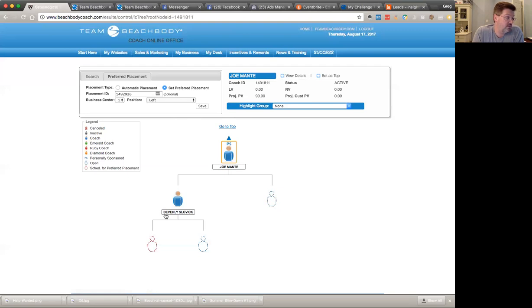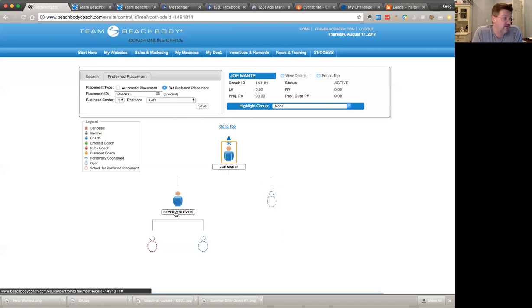Versus if you had placed all those coaches on your strong side and you only had your spouse on your weak side, you would only be cycling maybe once every other month. So this allows you to maximize your cycle bonus to make the most money the fastest. That's why I recommend the spouse on the strong side, and then the next 3, 4, 5, 6, doesn't matter, coaches on your weak side.